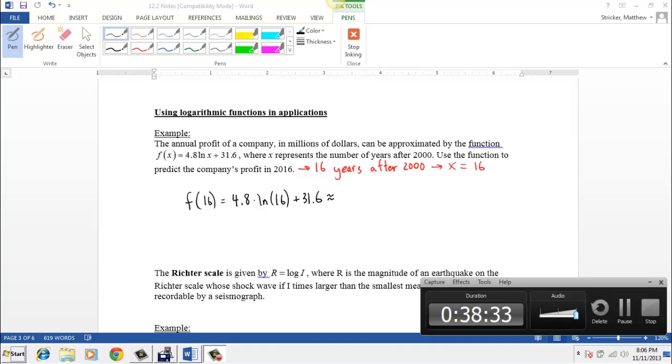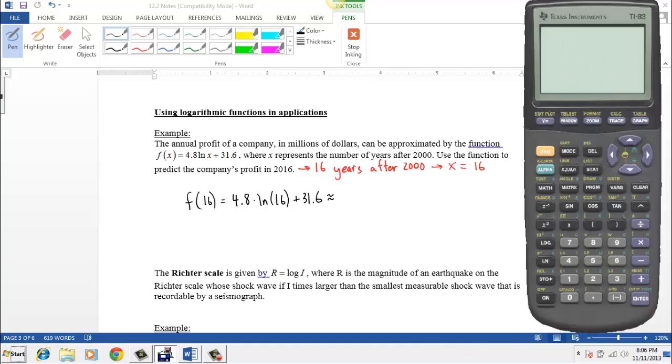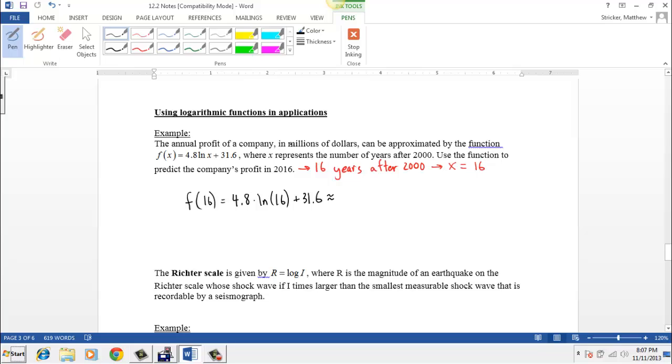So we can take 4.8 times the natural log of 16, close parentheses, plus 31.6. Enter. So maybe 44.9. Remember, this was the profit in millions of dollars.